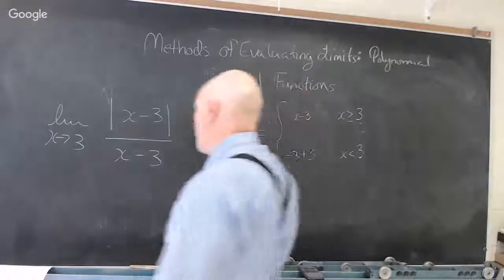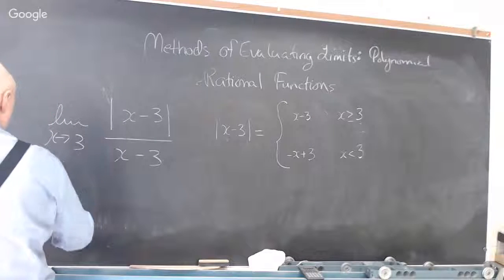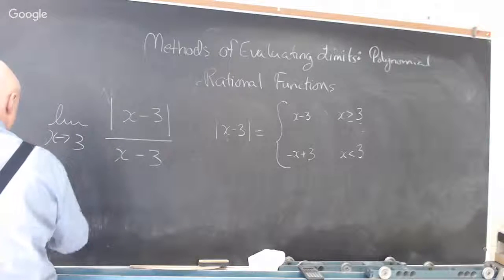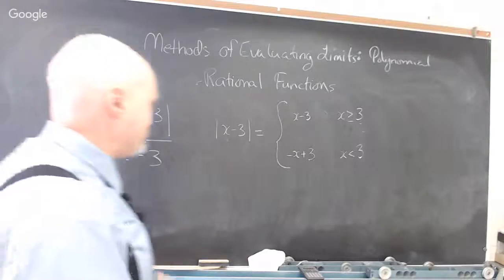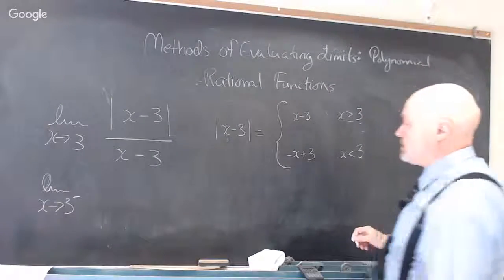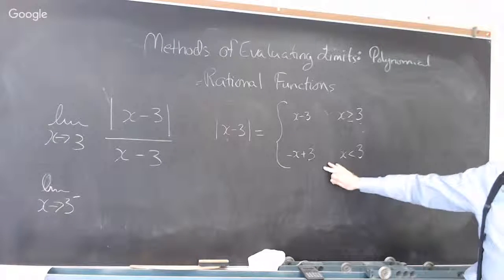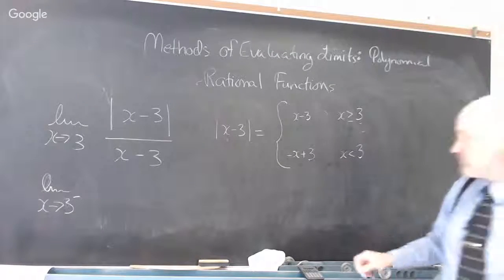Okay, so let's look at the limit as x approaches 3 from below. And so we're going to be approaching 3 from below, and so this is our function from below.